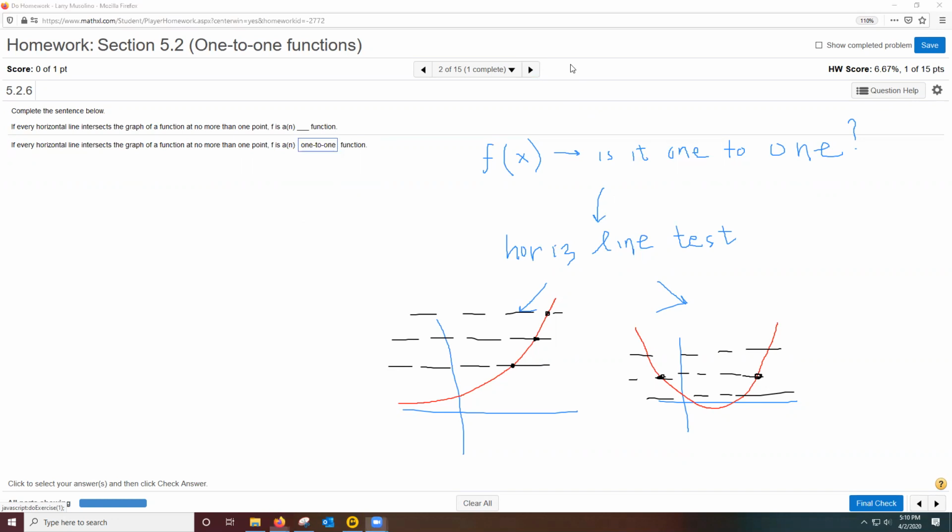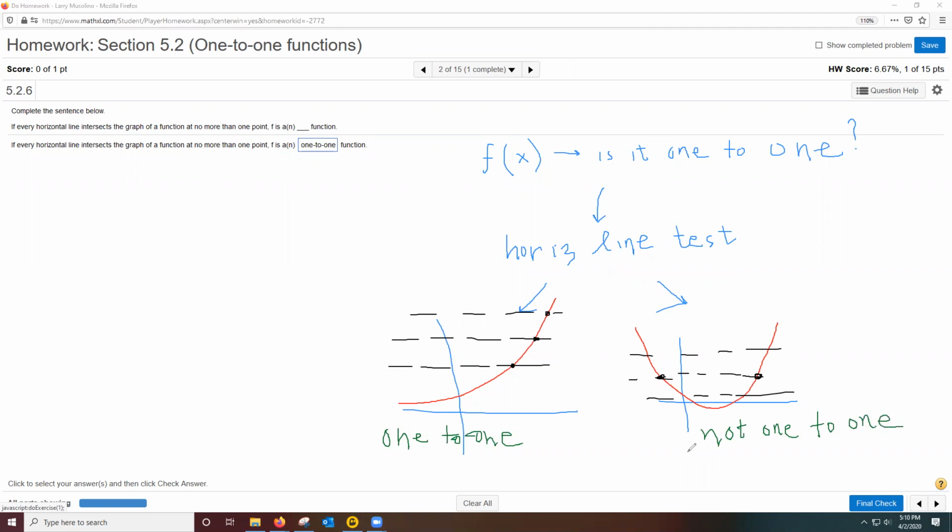So in my example, I would conclude that this function here on the left is one-to-one. And this function on the right is not one-to-one. And you might say, well, what's the implication? Well, this tells us whether the function has an inverse or not.